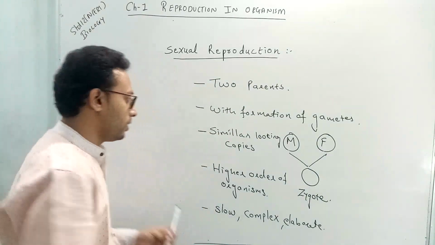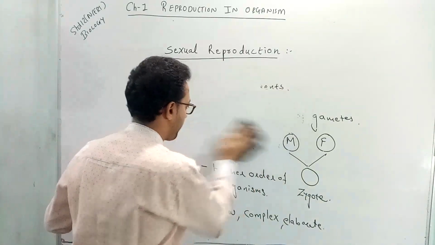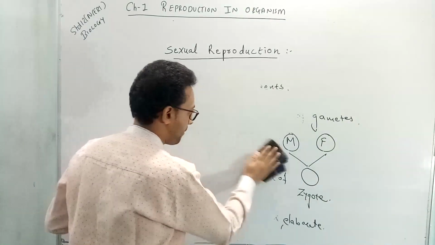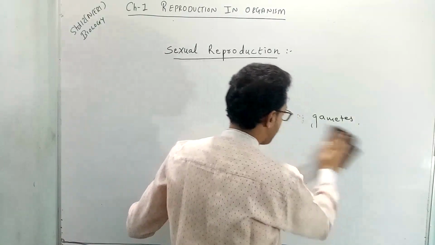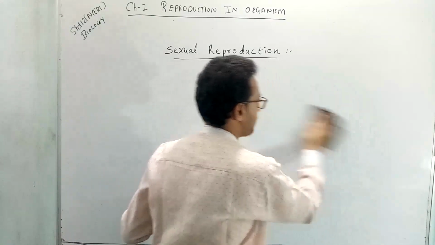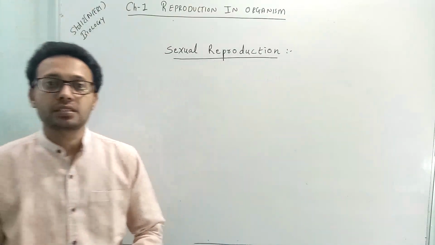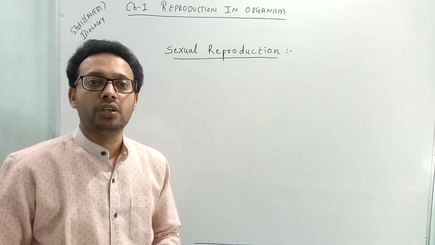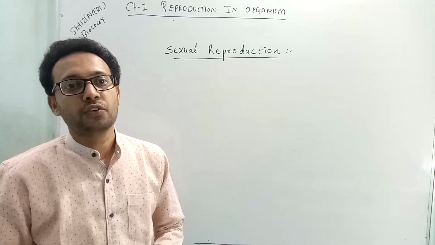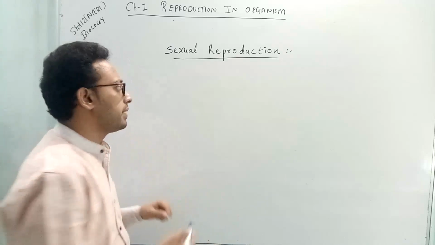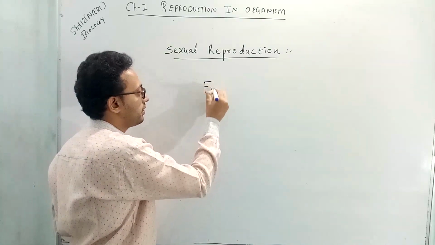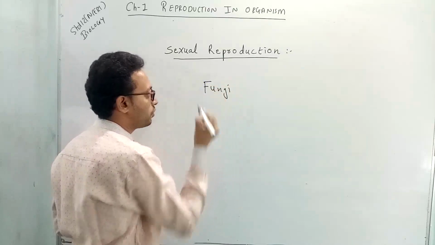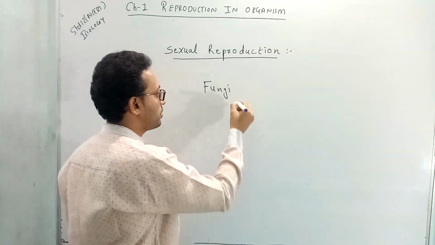Okay, now we go ahead. As all of you know, sexual reproduction is performed by higher organisms. Let's take some examples, like fungi. Yes, fungi can also perform sexual reproduction apart from asexual reproduction.